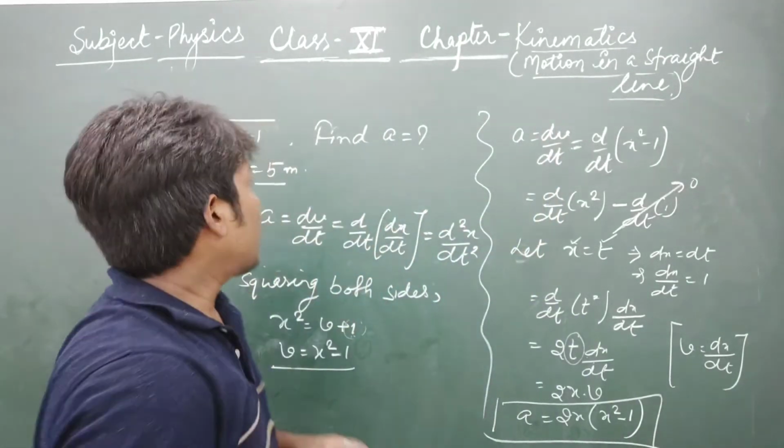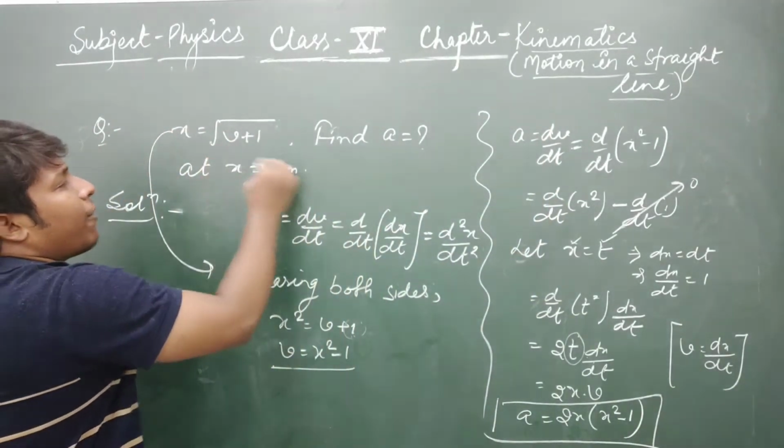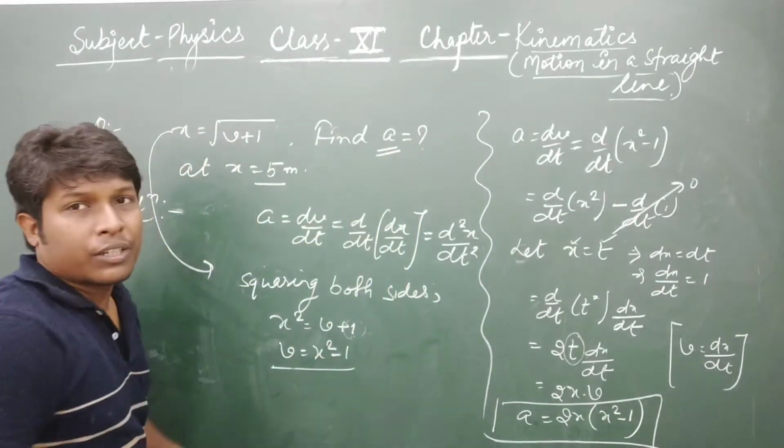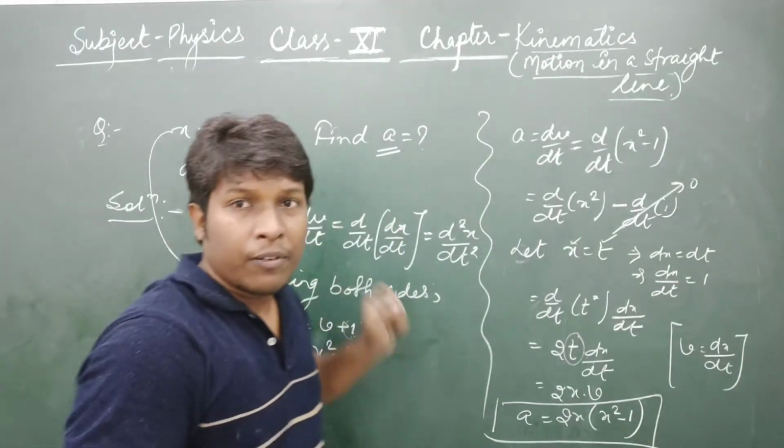Okay, now what is the condition? You have to find the value of acceleration at x is equal to 5 meter.